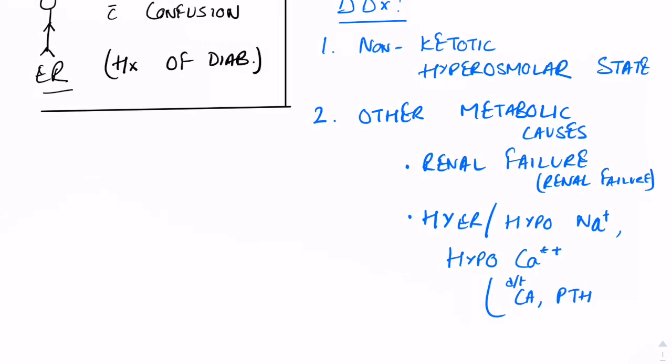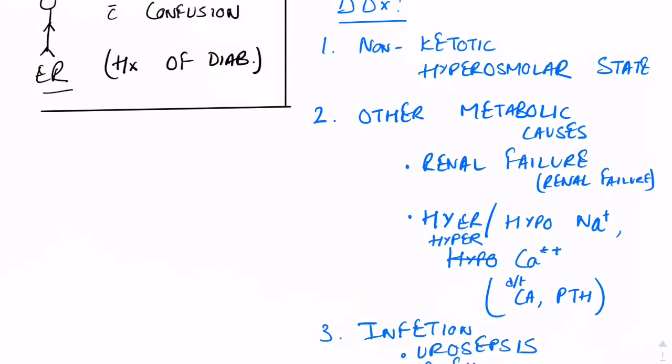And this other metabolic cause would be hyper or hyponatremia, or it could be hypercalcemia, which can be due to cancer or parathyroid hormone level increase. And last but not the least, we must also consider infection as the precipitating factor.